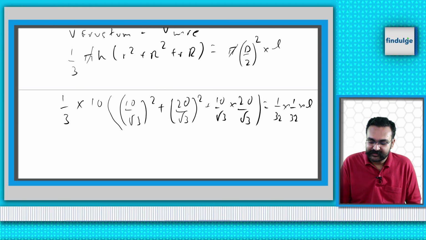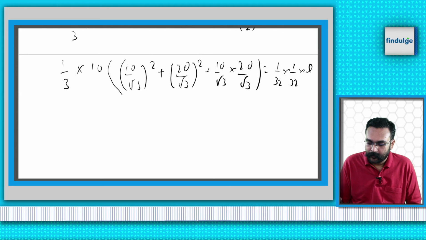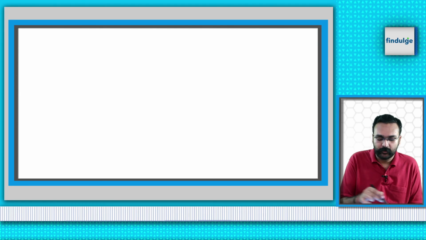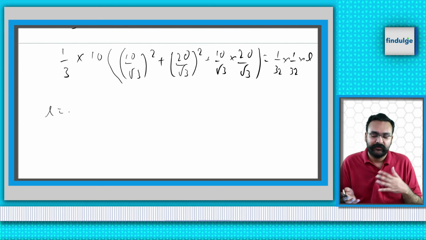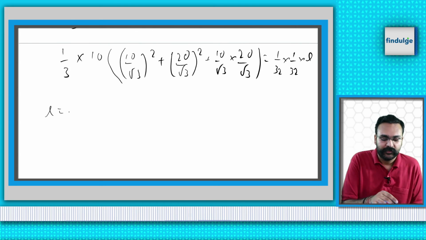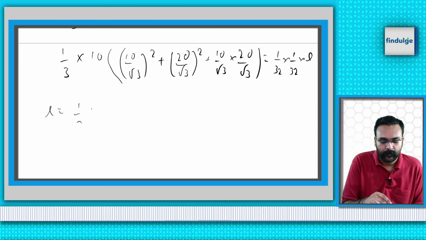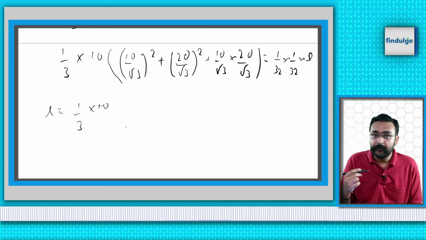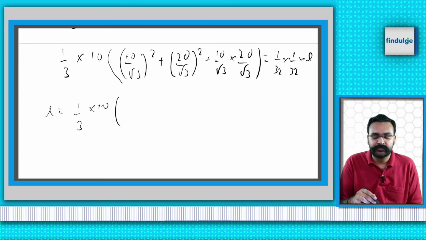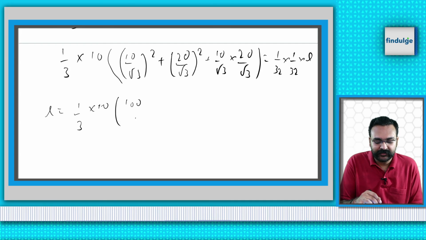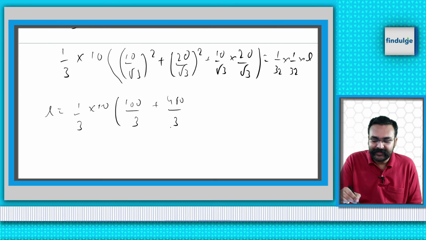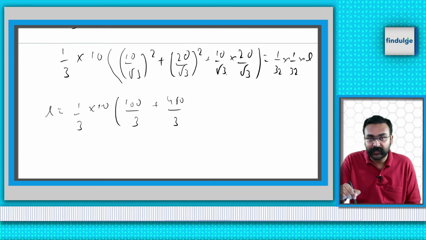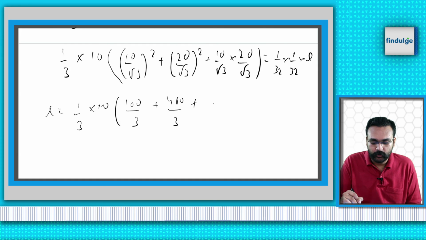And so therefore we can see that L will simply be equal to, we cross multiply the 32s to the other side and we leave our L, and then we'll solve. So this will be 1 by 3 into 10. Now in the bracket, 10 by root 3 square is 100 by 3. 20 by root 3 square is 400 by 3. 10 into 20 upon root 3 into root 3 will be 200 by 3.